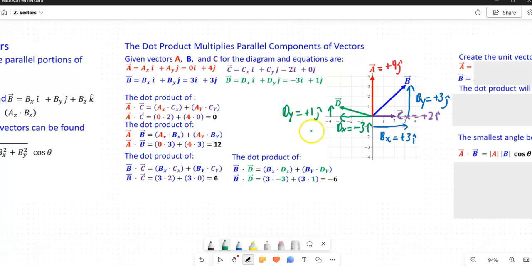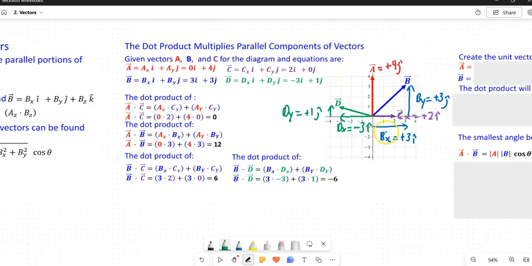Okay, so the parallel components of B and D, well, the x direction components are parallel, so that'll be negative 3 times positive 3, which will be negative 9. And then we have to add it to the other parallel components, which would be the j components, which will be positive 3 times positive 1.